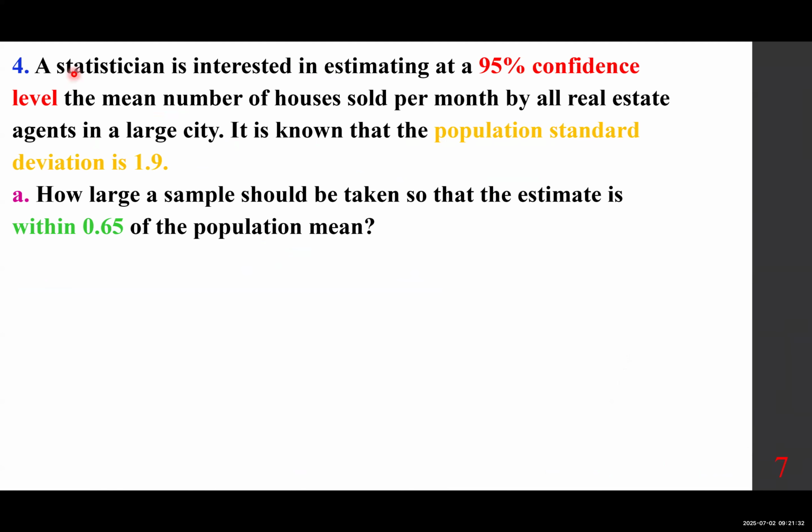A statistician is interested in estimating at a 95% confidence level the mean number of houses sold per month by all real estate agents in a large city. It is known that the population standard deviation is 1.9. How large a sample should be taken so that the estimate is within 0.65 of the population mean?